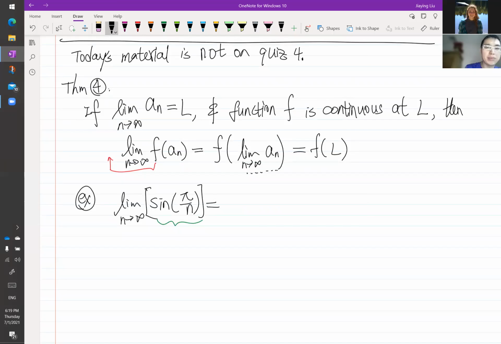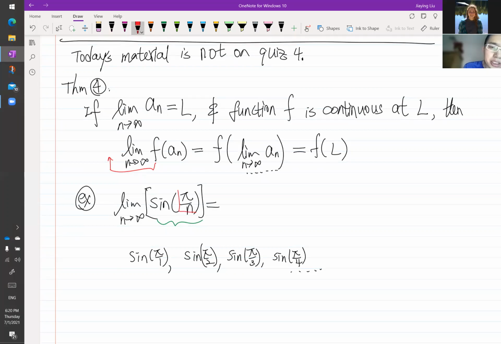Write down each element: plug in 1, sine pi over 1, calculate that number, then sine pi over 2, calculate the value, then sine pi over 3, and then sine pi over 4. You can calculate each one of them and see what they approach, to try to find the value that this sequence approaches.